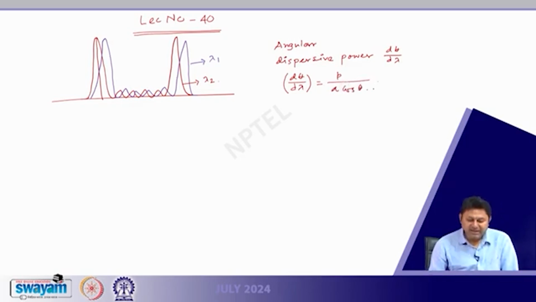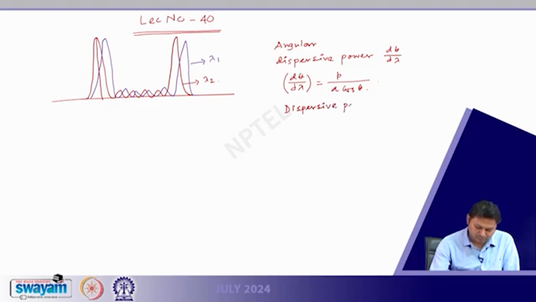So for a given P and theta, the resolving power or the dispersive power is proportional to 1 by A. So if the number of rulings is very high, then we will have a grating with more dispersive power.